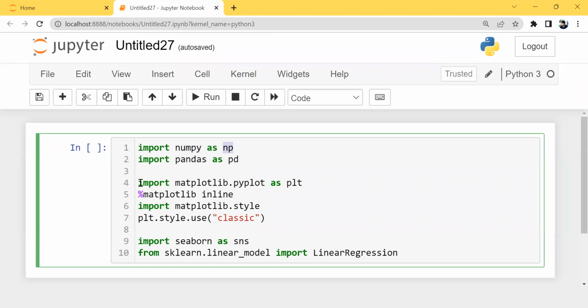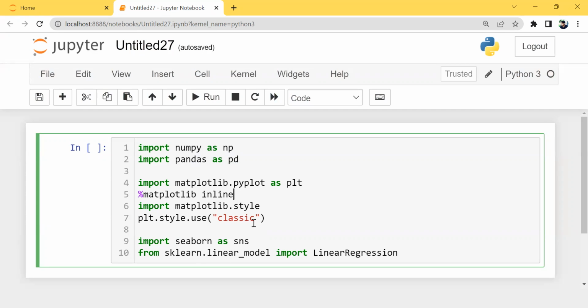Next, another library which I want to import is matplotlib. I'm assigning it the short form plt. And this particular line, percent matplotlib inline, is useful when we want to plot something and look at the output.